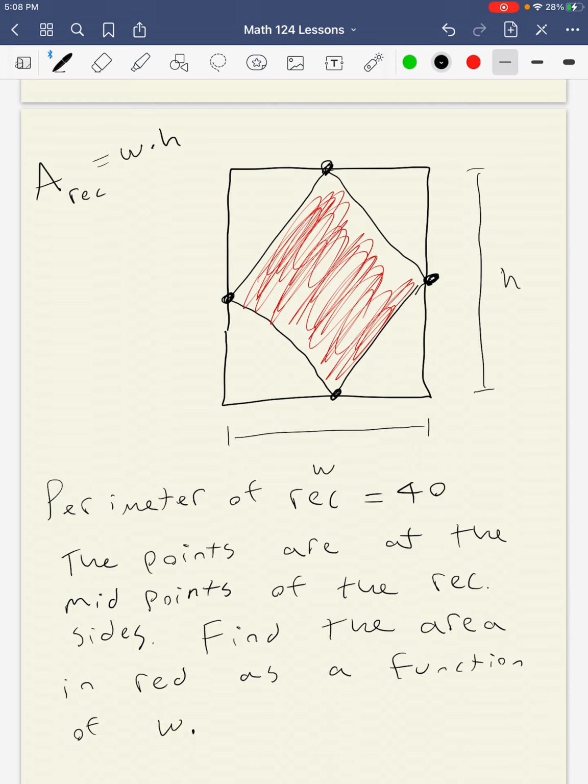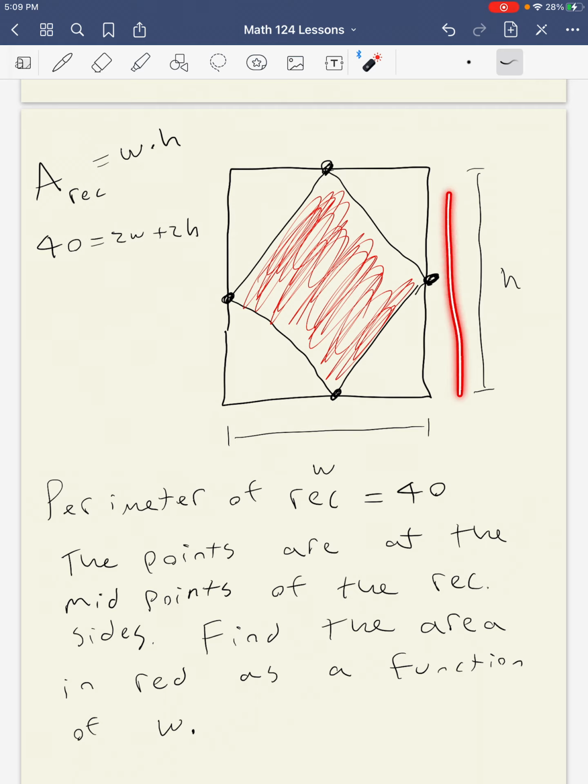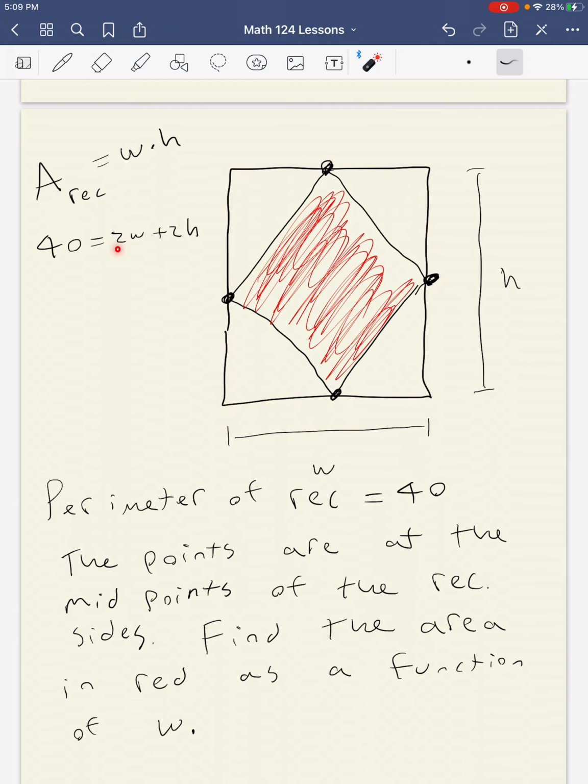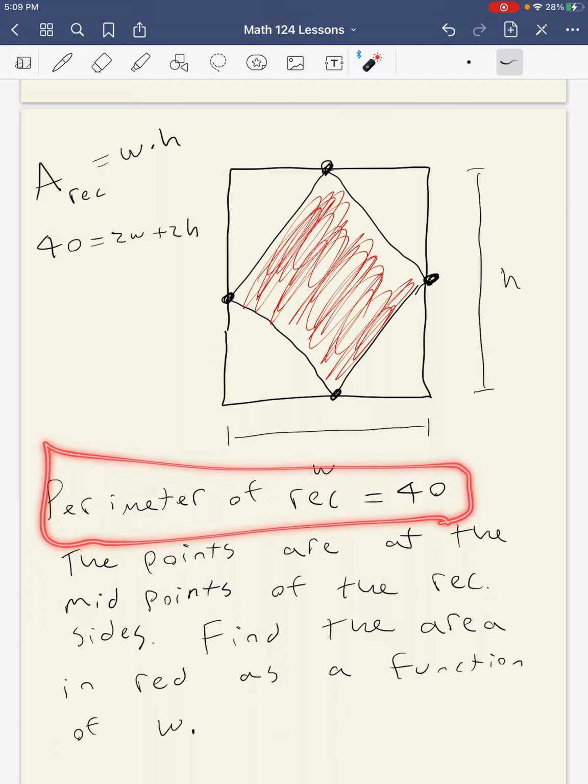But what we were given was that the perimeter is 40. So therefore 40 equals 2w plus 2h. W is the width, h is the height, right? So this length plus that length plus this plus that, that's what the perimeter is, the length of the boundary. So 2 widths, 2 heights, they must equal 40 because we were told that it equals 40.